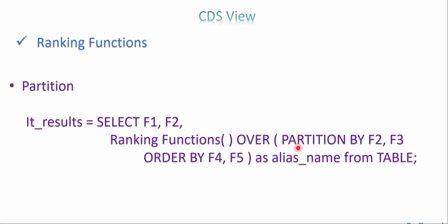PARTITION is inside the brackets, PARTITION BY the field names you want. I have a query result based on ORDER BY, which can be ascending or descending, and if I want to divide it further into groups, I use the keyword PARTITION. Simple. It's applicable for all the ranking functions.